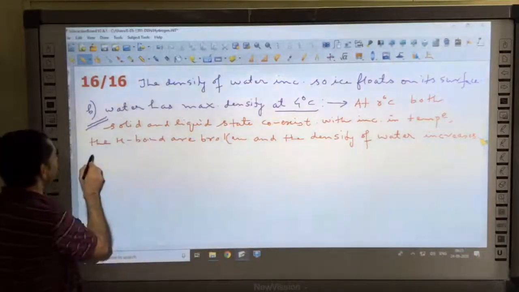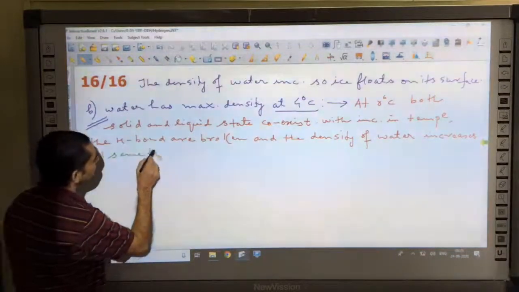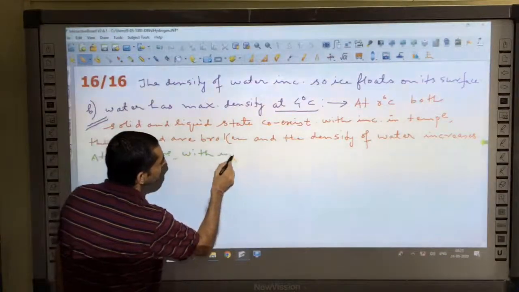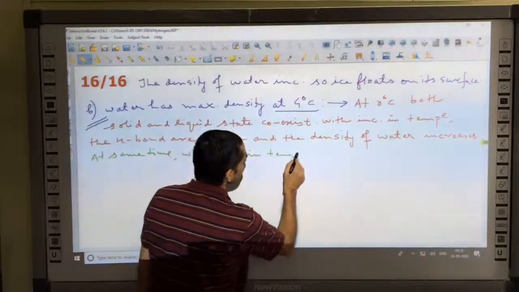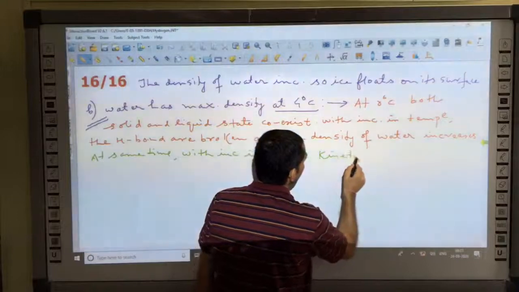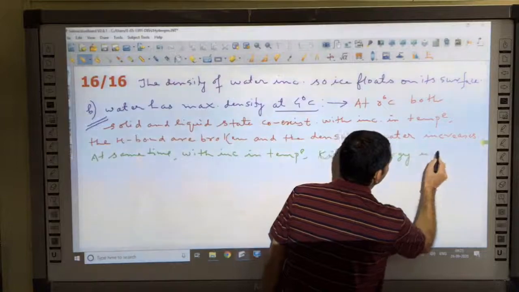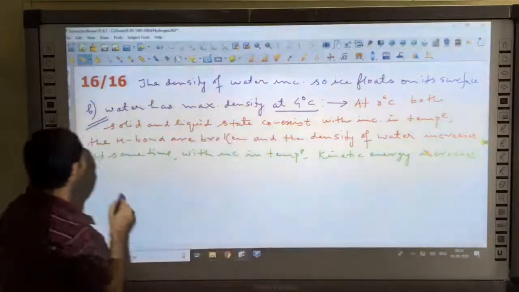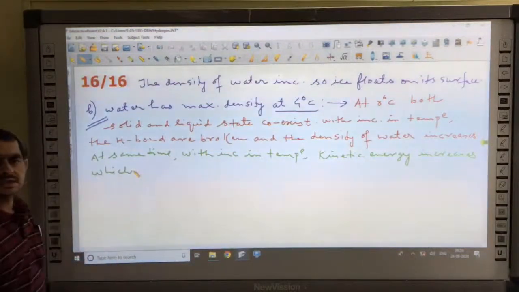At the same time, with increase in temperature, kinetic energy increases.